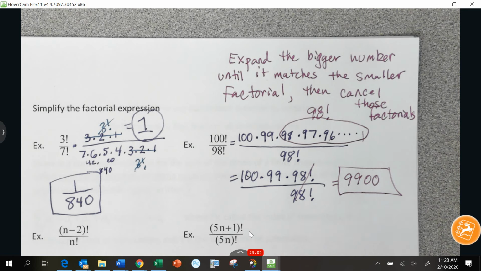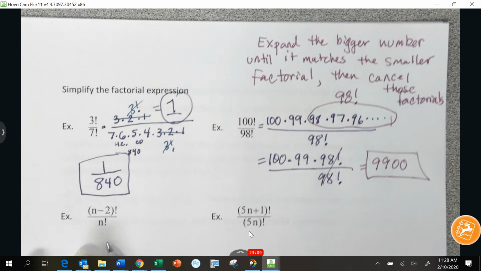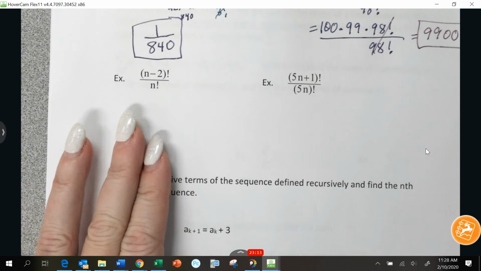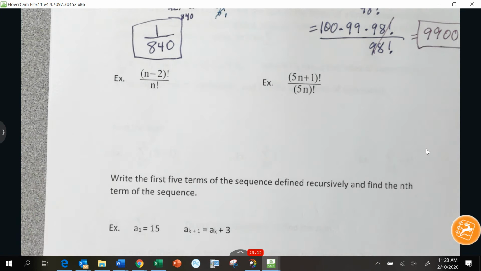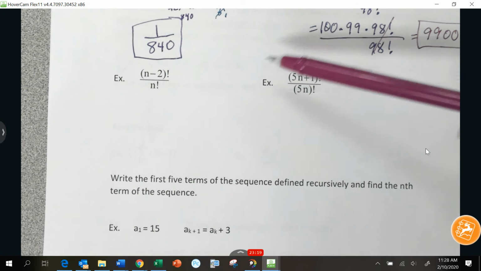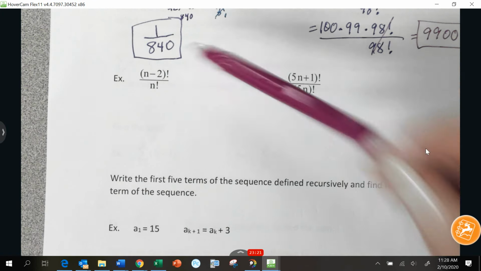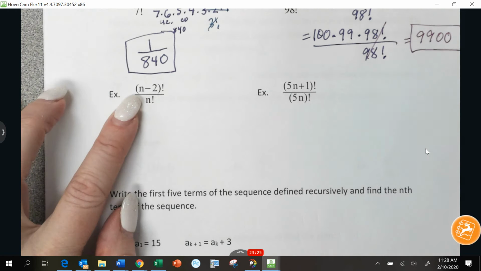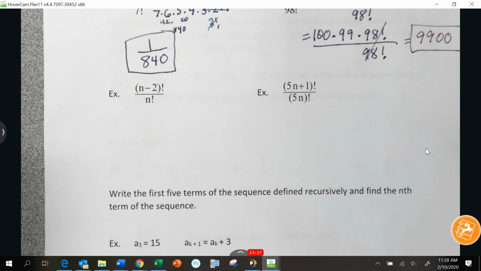I took the time to write that out because the next example does not have numbers. So in order to reduce this, we have to decide which of these is bigger, and we have to expand out the one that's bigger. So what's bigger, n minus 2 or n?